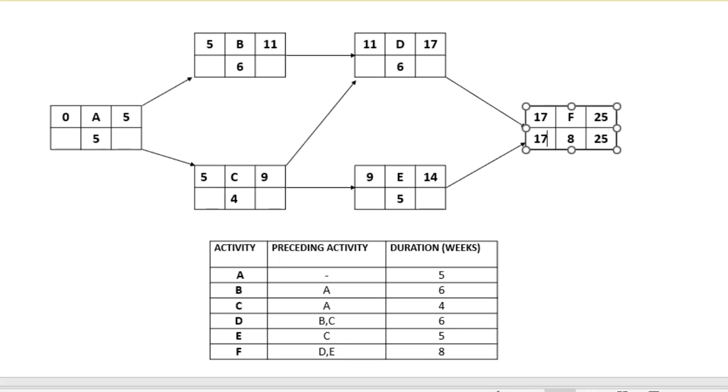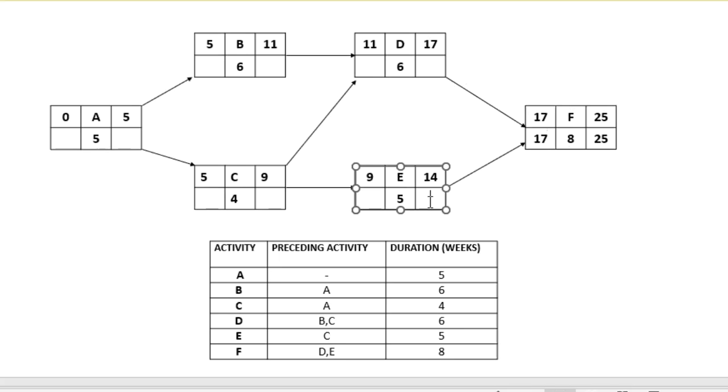And that is true because when you think about it, the 17 has to be the latest start time, because you could not have started F before D, right? The earliest finish time for D would have been 17 weeks anyway. So as we continue to find the latest finish time for E, it will be 17 weeks, as F has to start in 17 weeks.